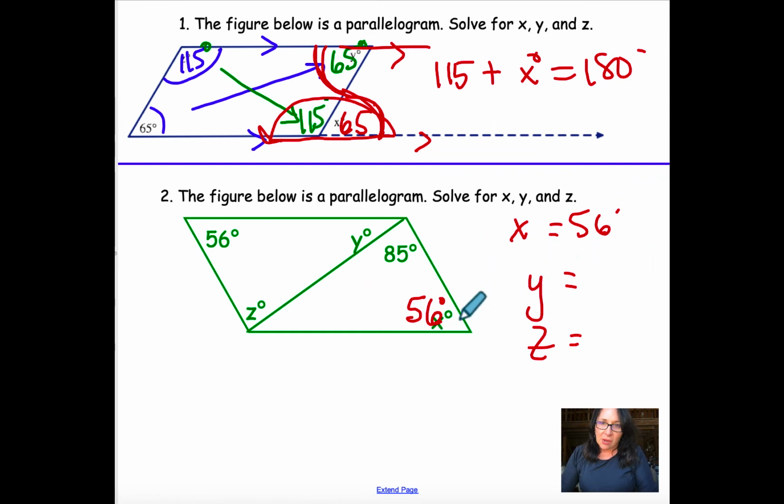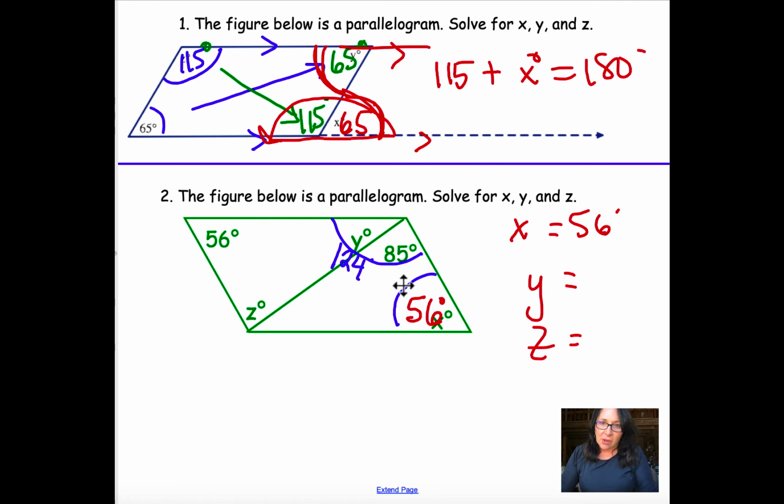Additionally, you know that these two angles, this one here and this one here, are supplementary, which means that 56 plus some angle has to equal 180 degrees. And that angle, this whole angle, has to be 124 degrees.